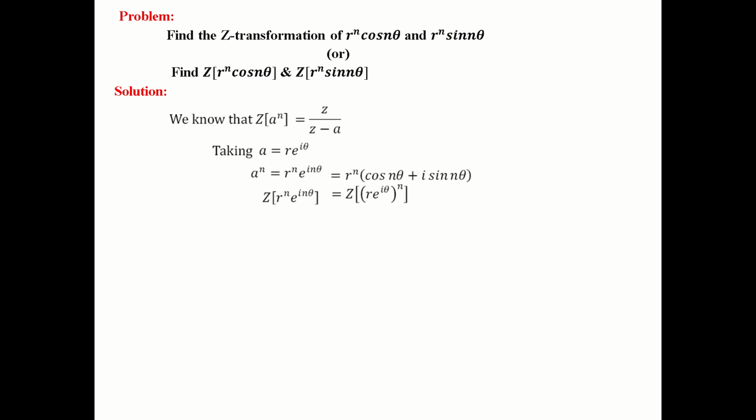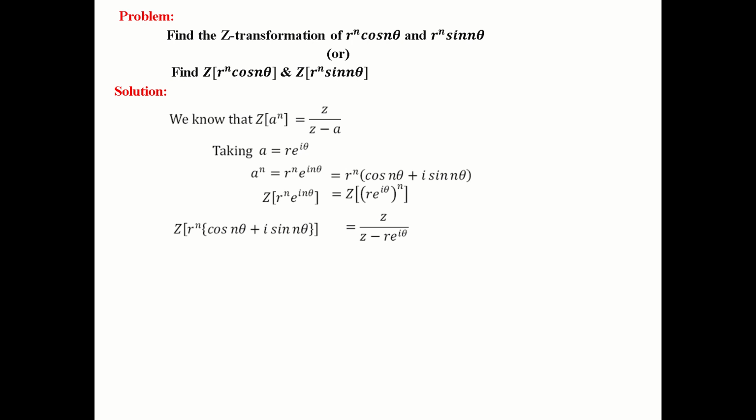z of r power n cos n theta, and z of r e power i theta whole power n. We are grouping that. On the left hand side we know r power n e power i n theta, which is equal to z of r power n cos n theta plus i sin n theta, and that is equal to r e power i theta whole power n.